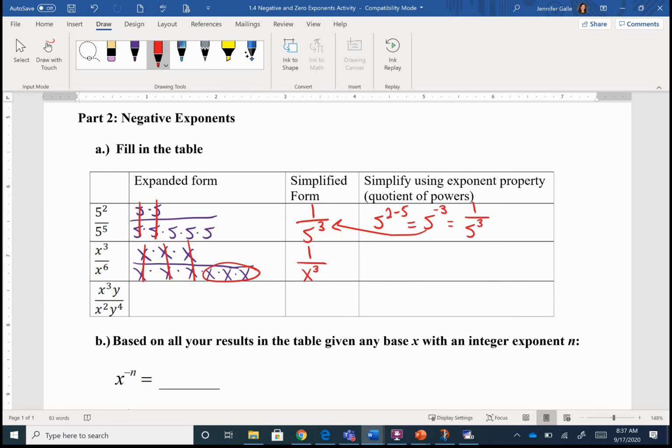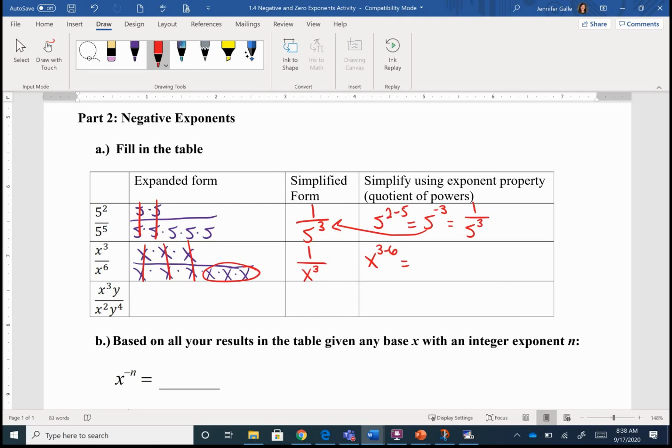Now if I do my exponent property, I wanted to expand it out, guys, so you can see why we end up with stuff in that denominator, in the bottom piece. Everything simplifies. The x to the third I have left is in the bottom.